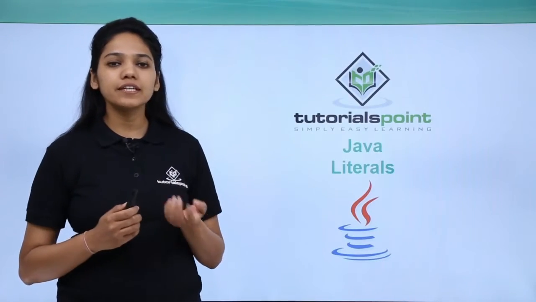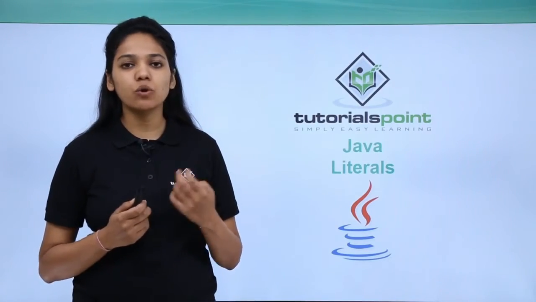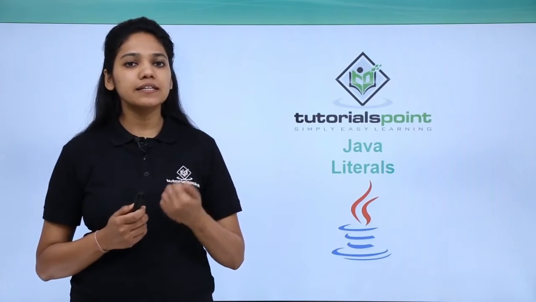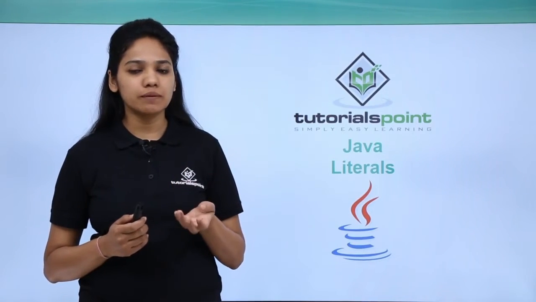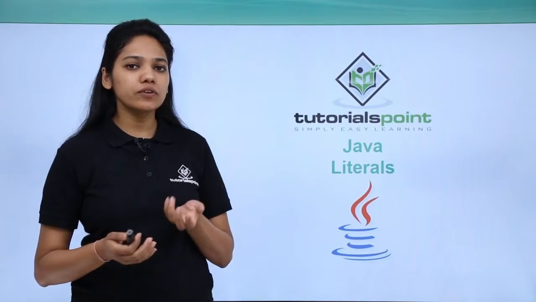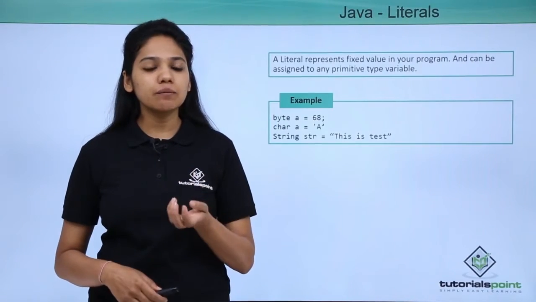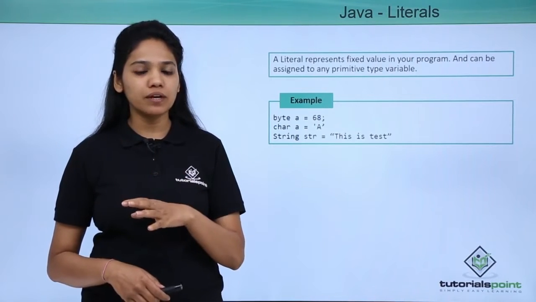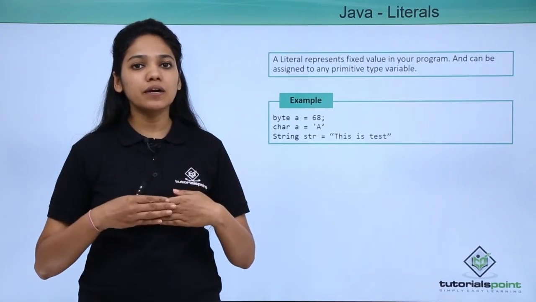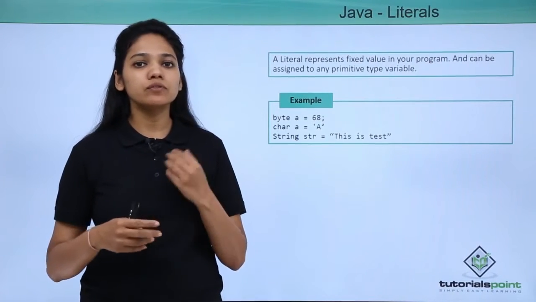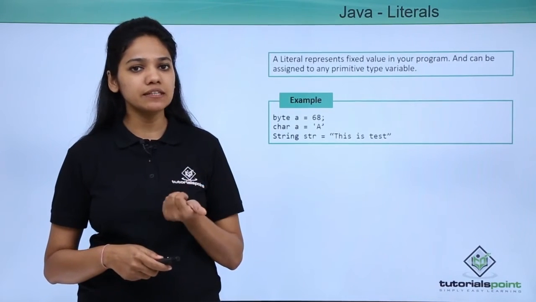We have already seen what the basic data types are. Let us see in detail how you can use them. In order to understand that, first we need to understand what a literal is. A literal is a fixed value in your program, and these values can be stored with the help of the primitive data types that you have seen earlier.